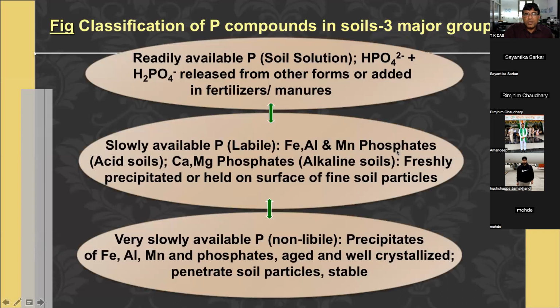Now coming to what are the important compounds in soil, how they are classified. So classification of phosphorus compounds in soil, three major groups. So I suggest you read phosphorus from the Brady book. First you read from the Brady book and then you can try the Tisdale book. But first the student should go to the Brady book for phosphorus as well as potassium, because that is a starting point. That is for the layman. That is very simple.